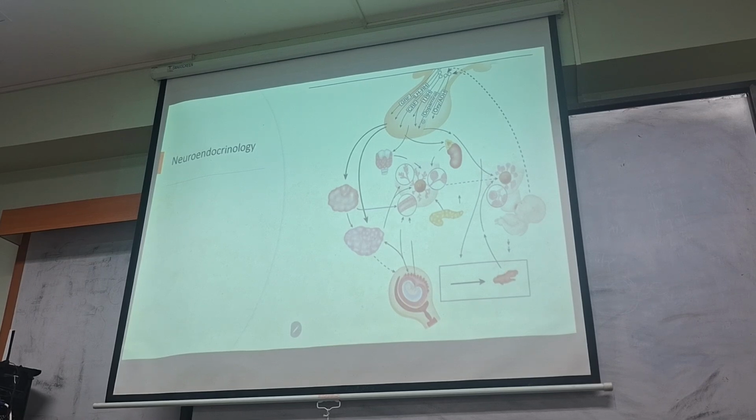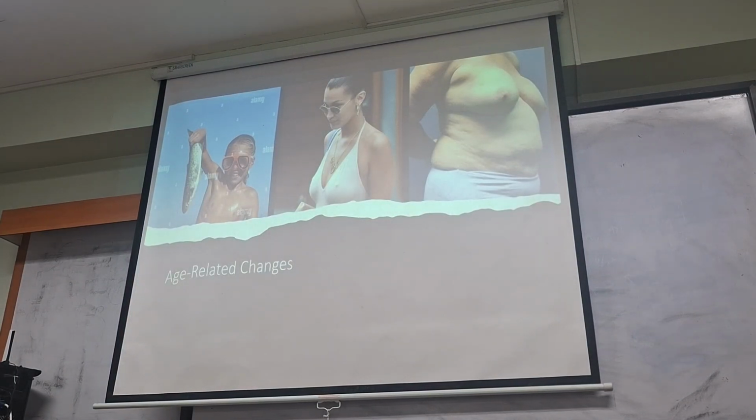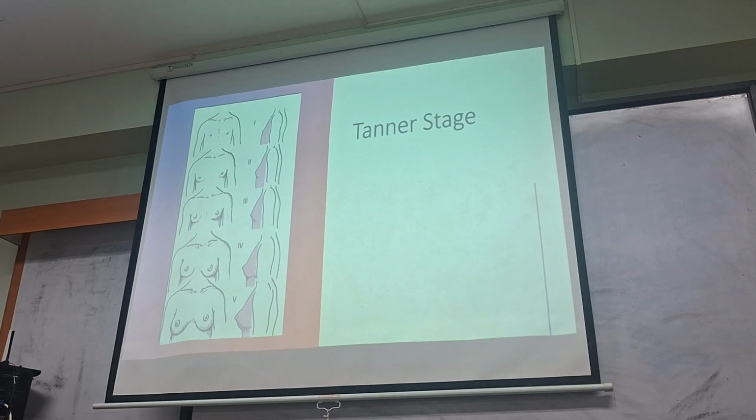And then there will be differences of the breast tissue from pre-puberty, puberty, and then after puberty until the woman ages to menopause. So age-related changes, but it's not the Tanner stages.